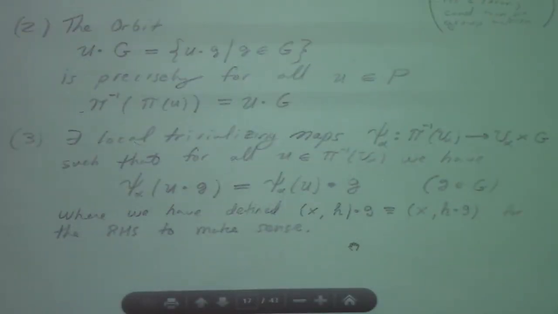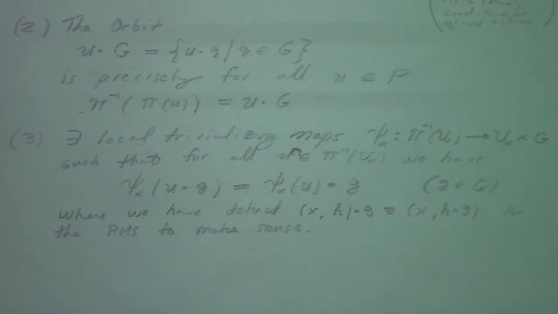Yeah. There exist local trivializing maps such that for each u in the fiber over U alpha, we have that. Now for a vector bundle, the local trivializing maps maintain something about the vector space structure of the fibers, right? That's what we saw.